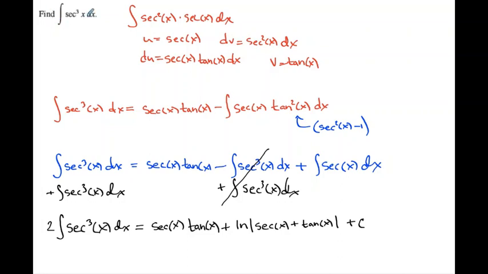The question asks us what 1 times the integral of secant cubed x is. So we need to divide everything by 2. And we see that these 2's here are going to cancel.